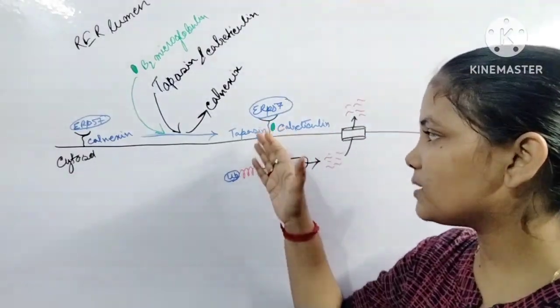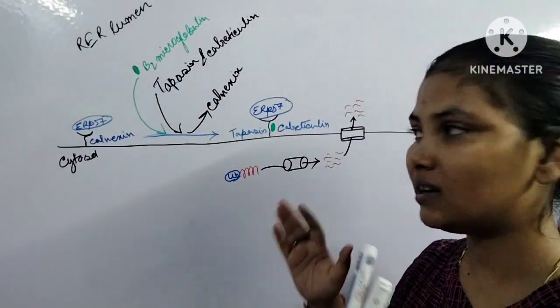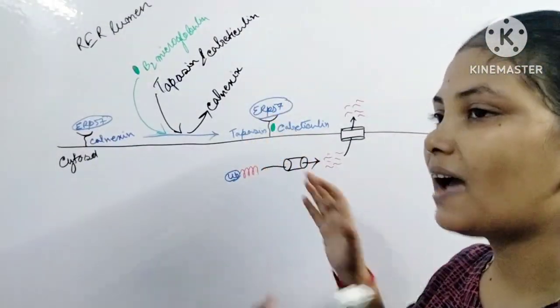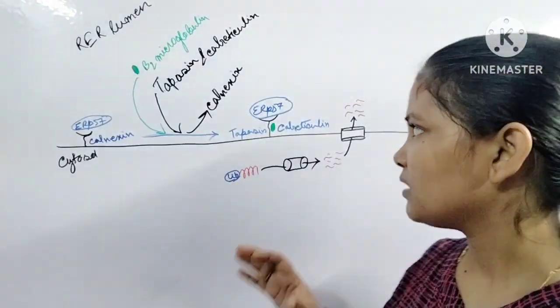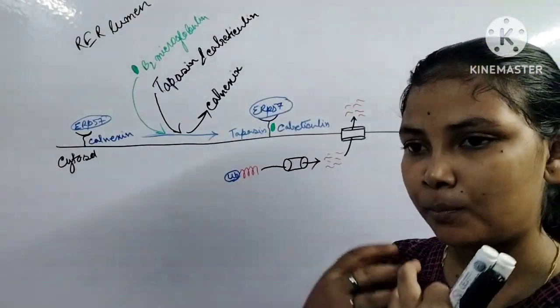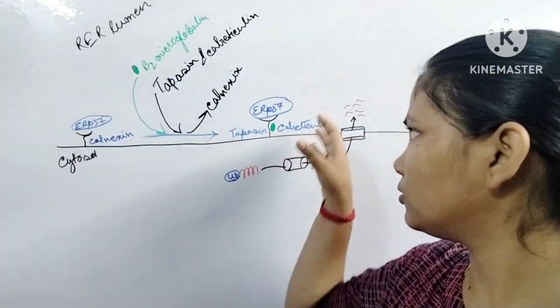Now this tapasin brings the TAP transporter in close proximity of this MHC I molecule. So it helps to take up an antigen molecule.